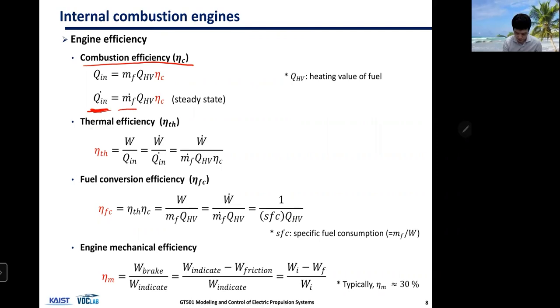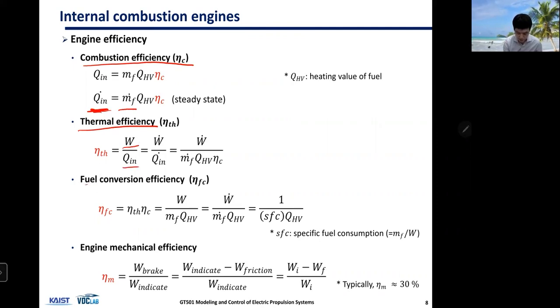And then there is a thermal efficiency, which is the efficiency between the output work and the heat energy in.